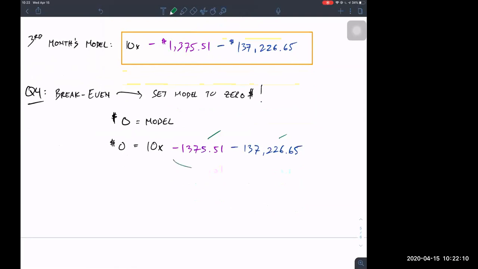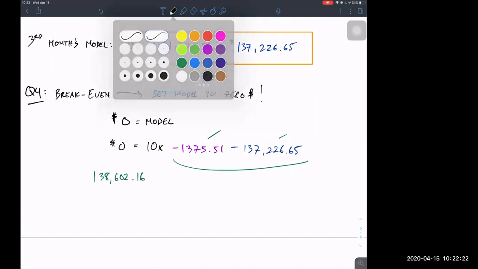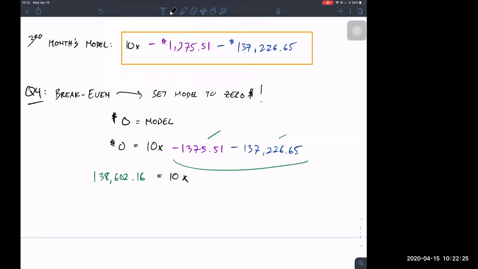So these two numbers, when you add it together, negative, and it goes on the other side, it becomes 138,602.16. And then that's equal to 10x. But when you divide by 10, that's the same thing as moving the decimal place one spot to the left, right? So to divide by 10 is the same thing as making the number smaller, aka moving this decimal point one spot to the left.